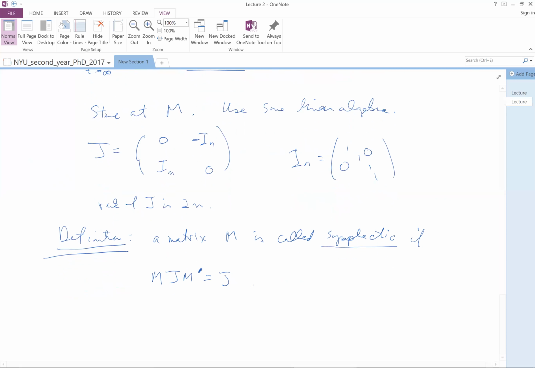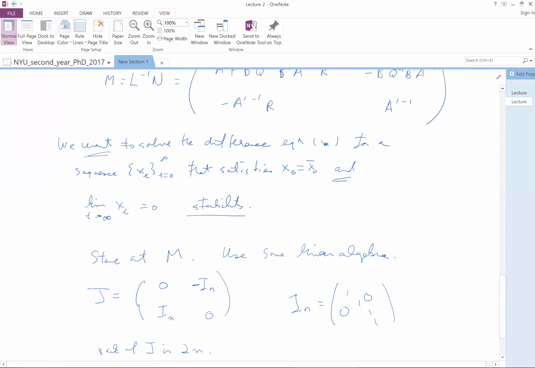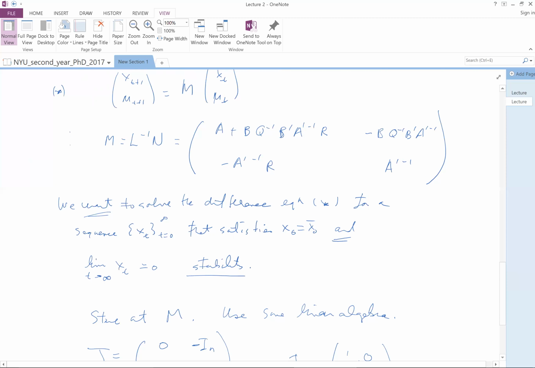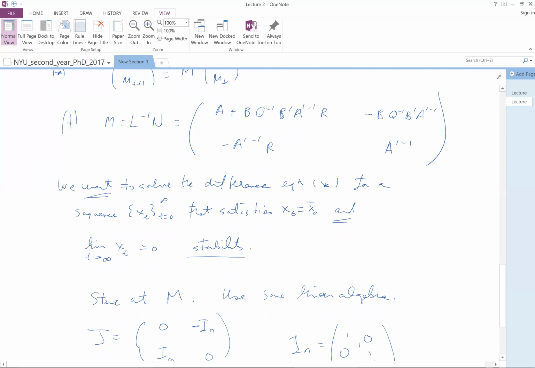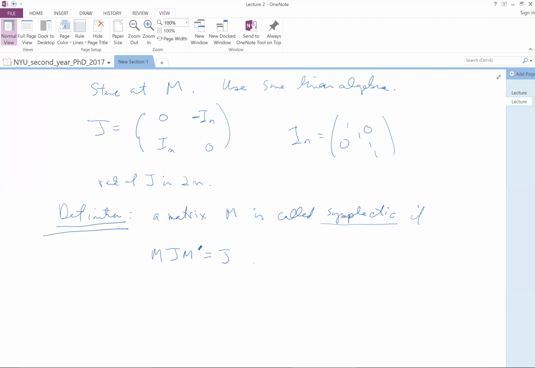And in fact, the matrix M defined in the system is symplectic. That's just a fact.